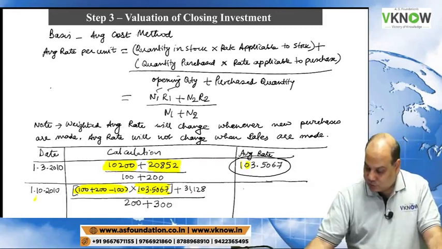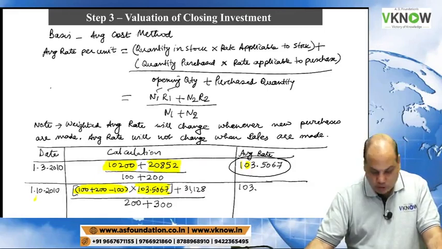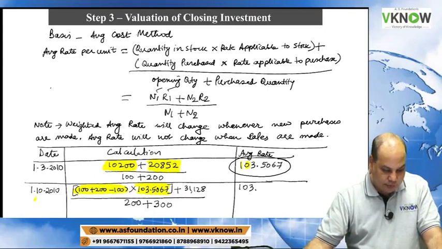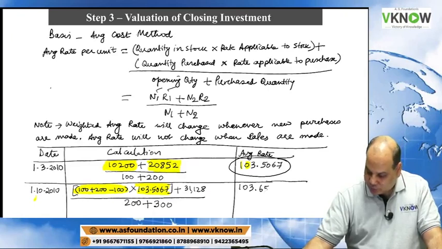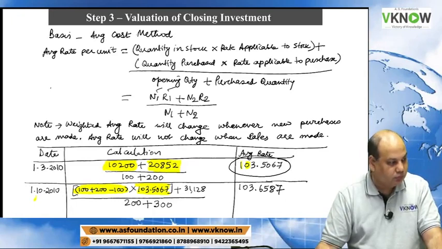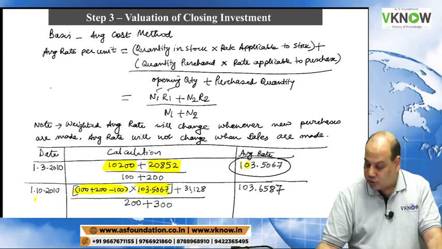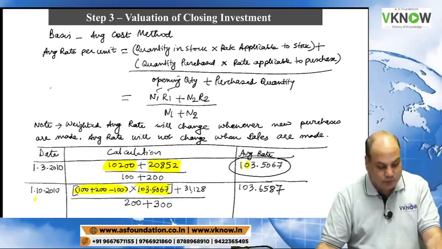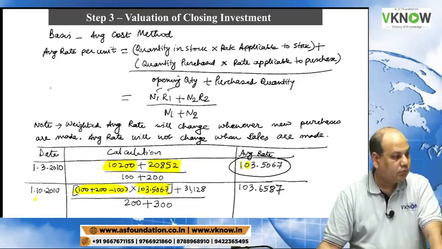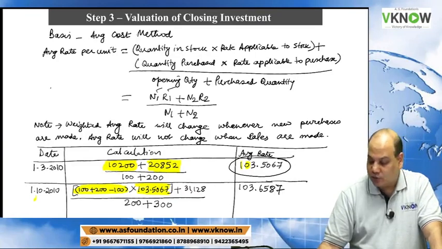So that comes to 103.6587. You can round off if you want to 65 or 66, no problem. You can round off to two digits. This is how average rates are calculated.